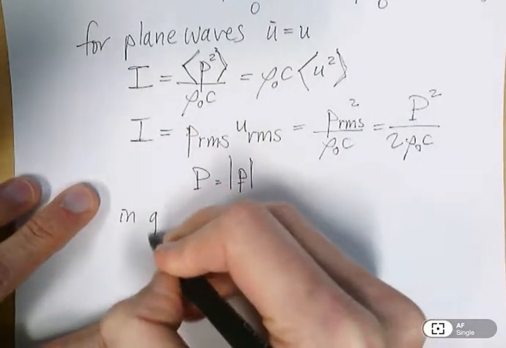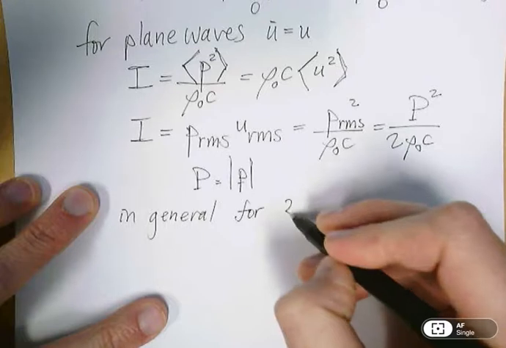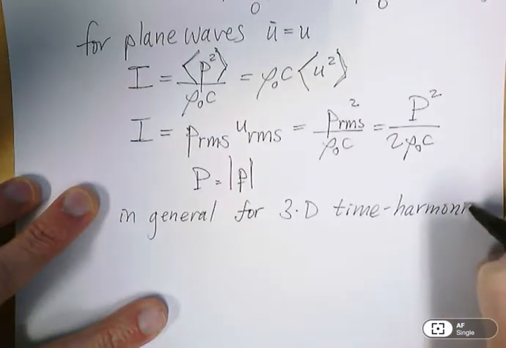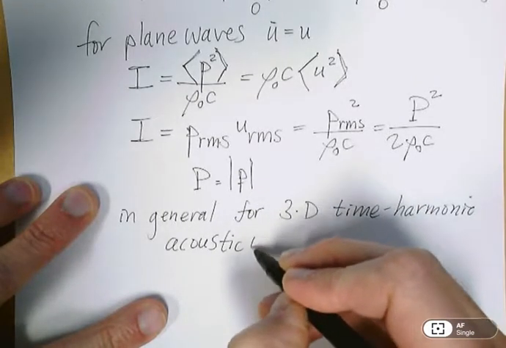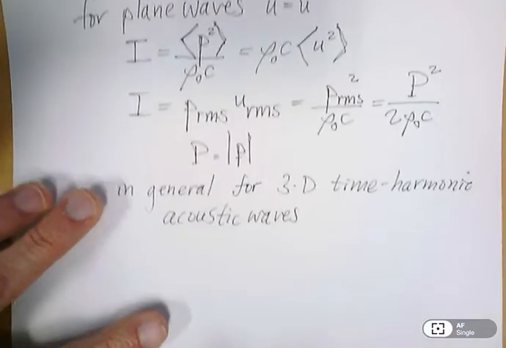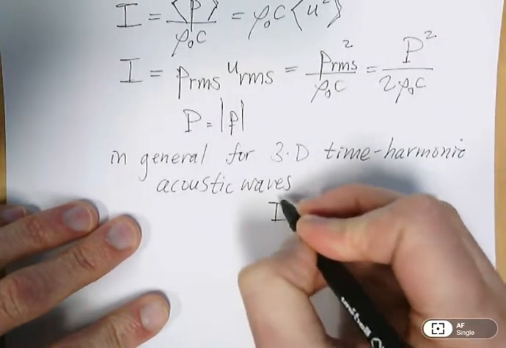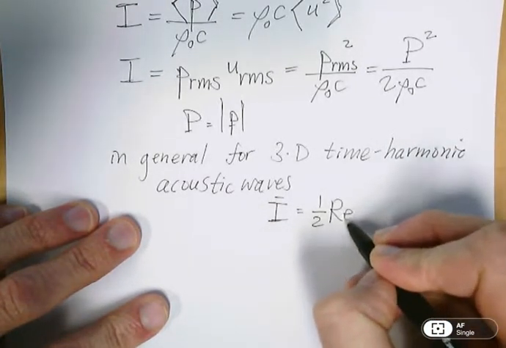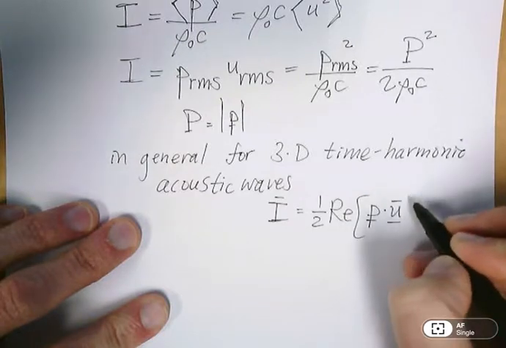Now in general, in the 3D case, time harmonic case, the acoustic intensity, in other words, the time harmonic acoustic intensity, or in other words, the time average acoustic intensity, is still a vector in general 3D, but it can be computed as 1/2 the real part of the acoustic pressure complex times the complex conjugate of the particle velocity.